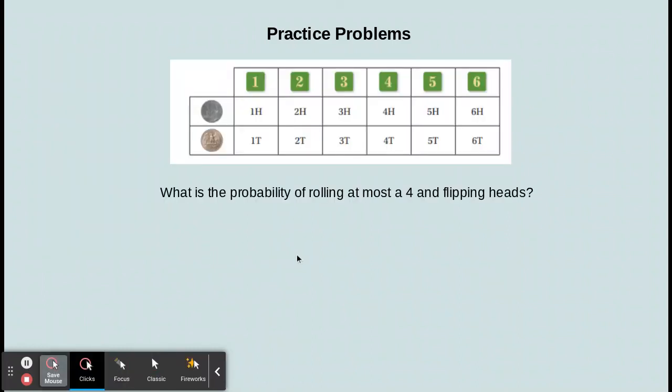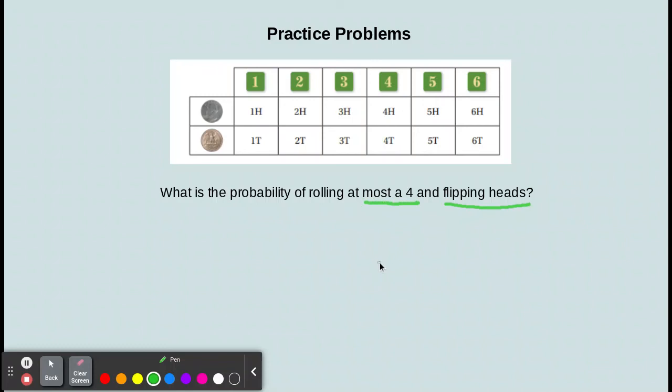Okay, and the last practice problem. We now want to know what is the probability of rolling at most a 4 and flipping heads, right?